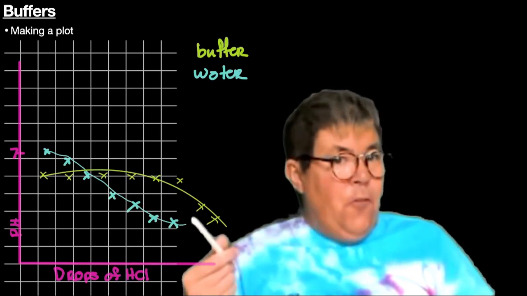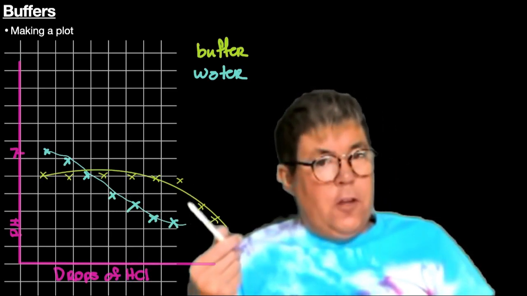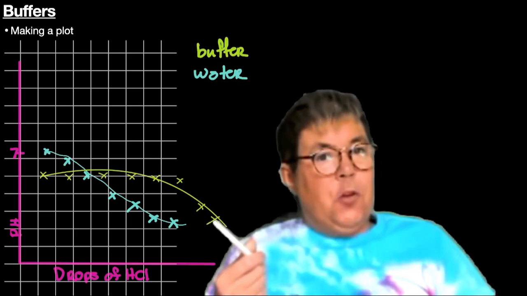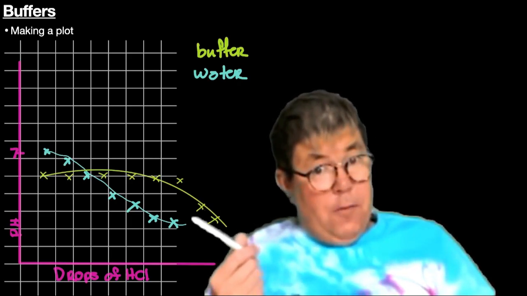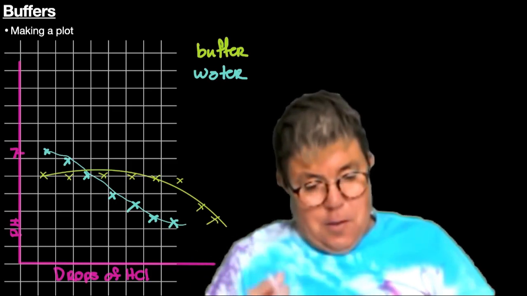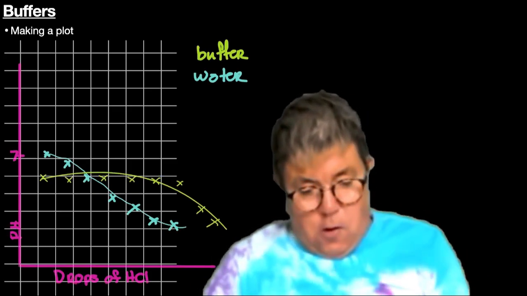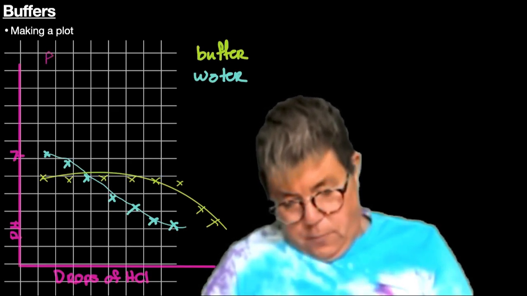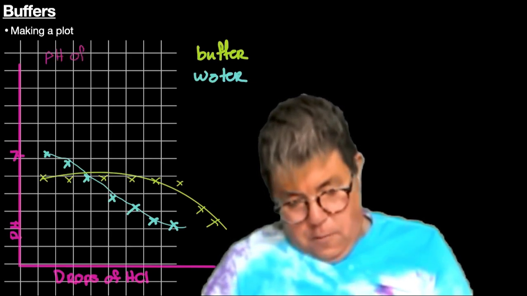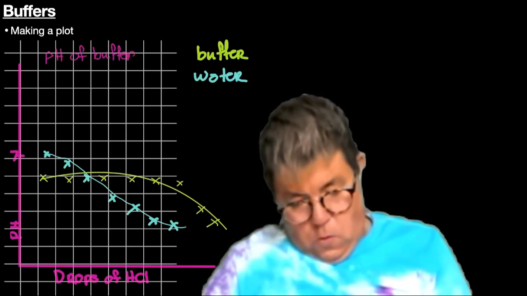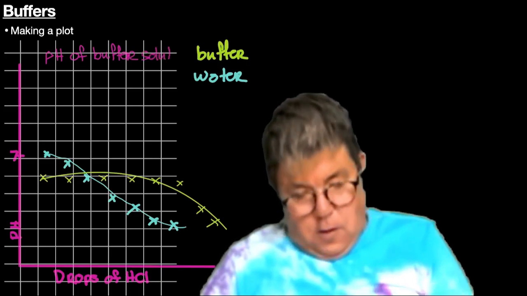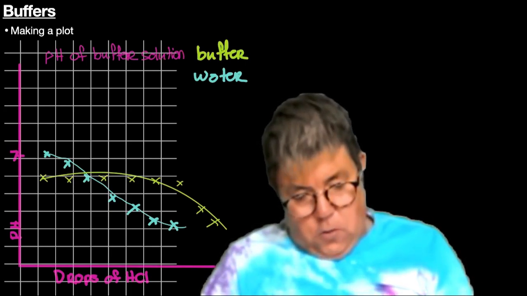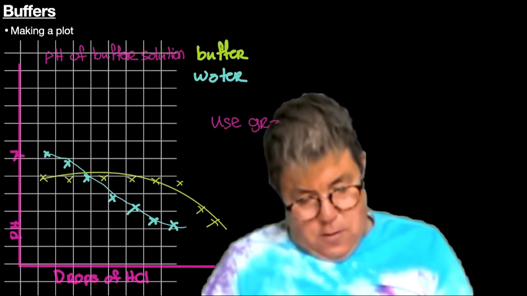If we added enough acid to the buffered solution, then we would have a change in pH. Why? Because we've gone past the buffering capacity. What's missing from this graph is the title. So we want to say pH of buffer solution. And what do you want to remember when making a graph? You must use graph paper.